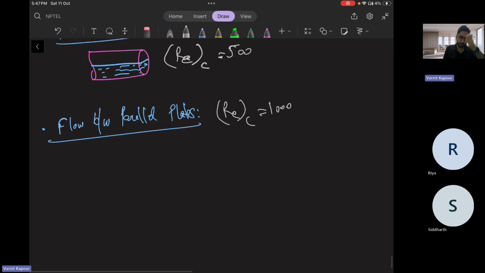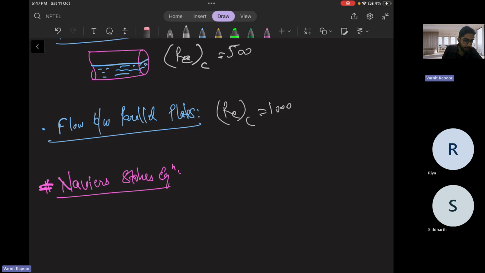So let me write: Navier-Stokes equation is the fundamental equation for viscous pipe flow.